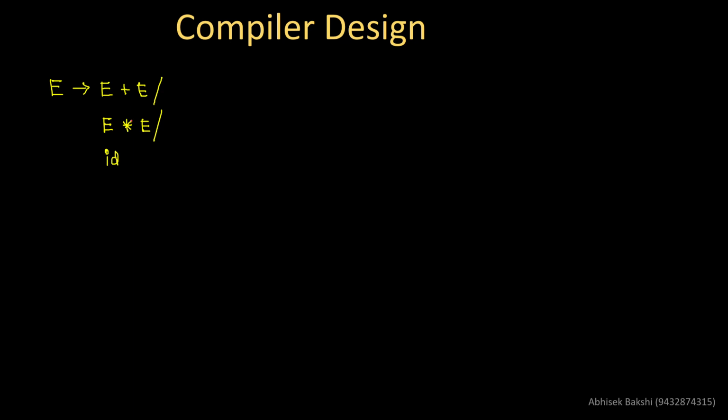Not only terminals, but there is one more thing present, that is what we call dollar, because dollar is present at the end of the string. So dollar should be associated. Now I have ID, plus, star and dollar. So that means there will be 4 rows and 4 columns, as simple as that.